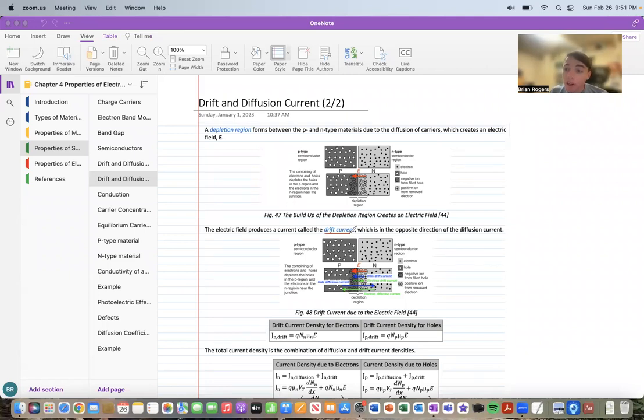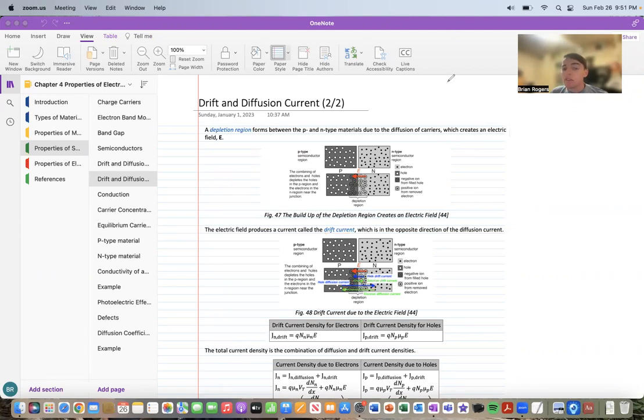And this drift current is going to oppose the diffusion current. So we're going to see that the diffusion current of electrons, for instance, is going over to the p-type region. But within the electric field, there's a drift current that's going to counteract that diffusion current. So it's going to go in the opposite direction.